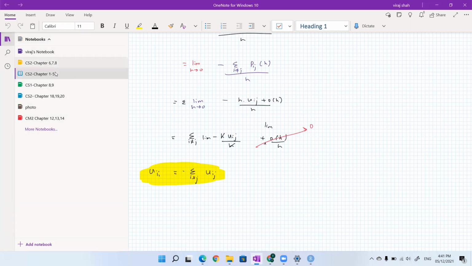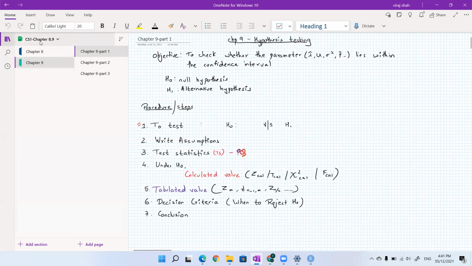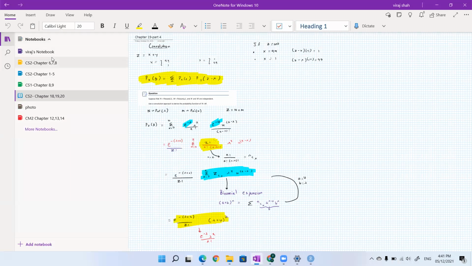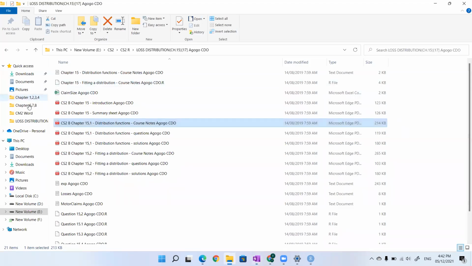CS2 chapter 15. No, I cannot see it here. Let me see if it is saved somewhere else. Maybe in my book.